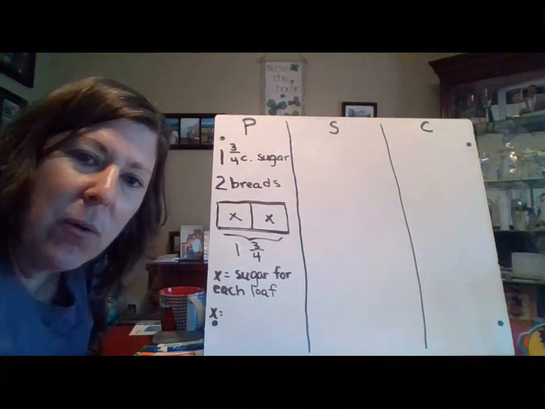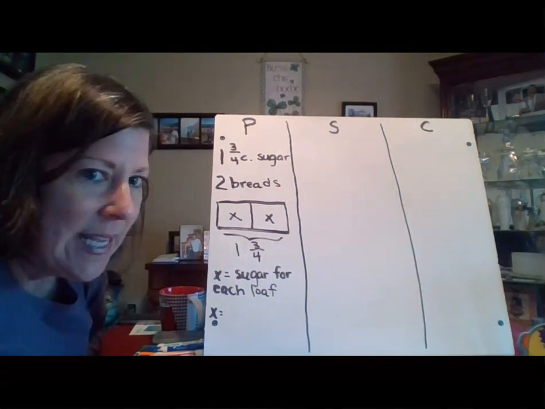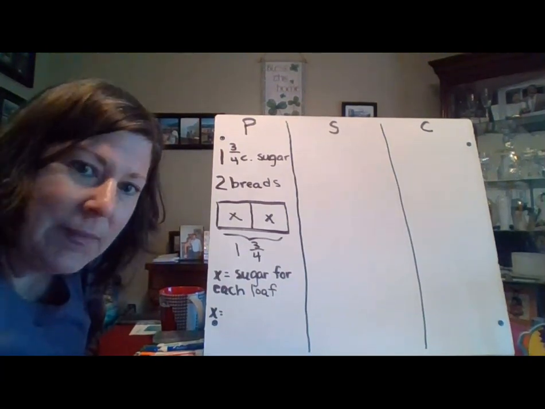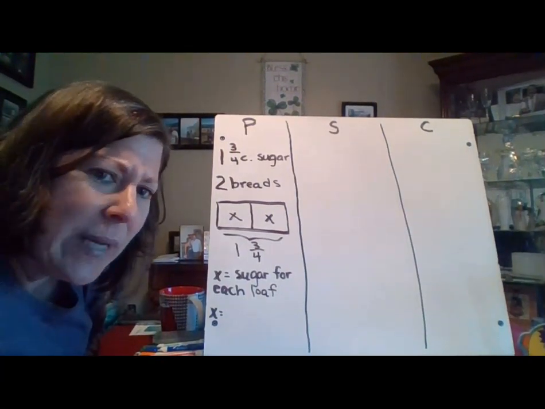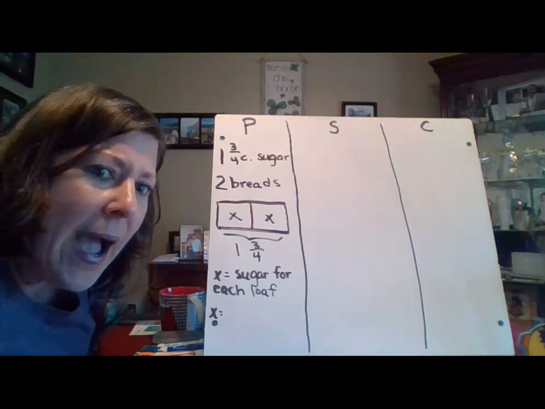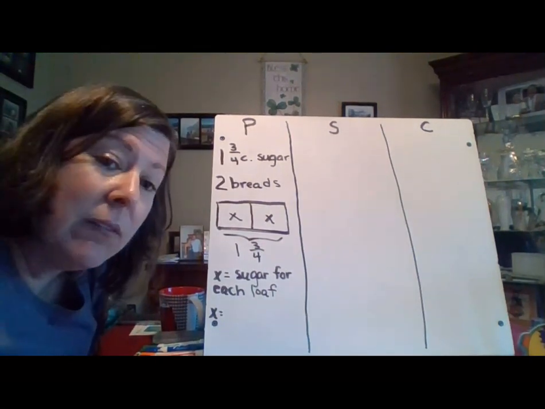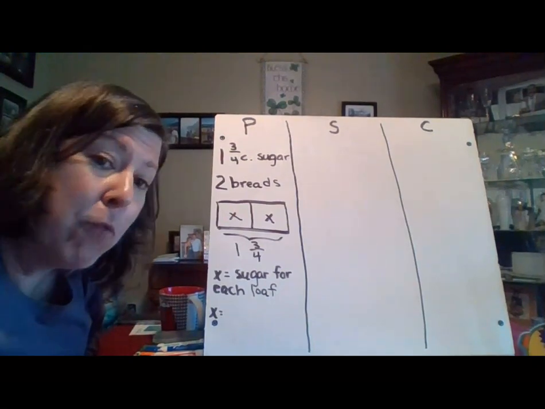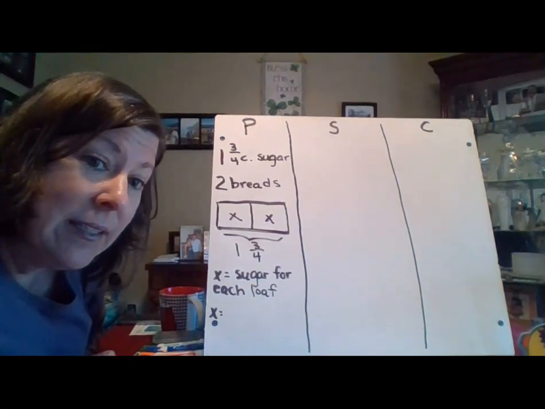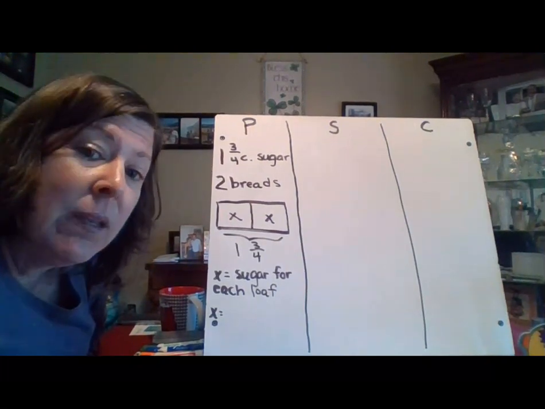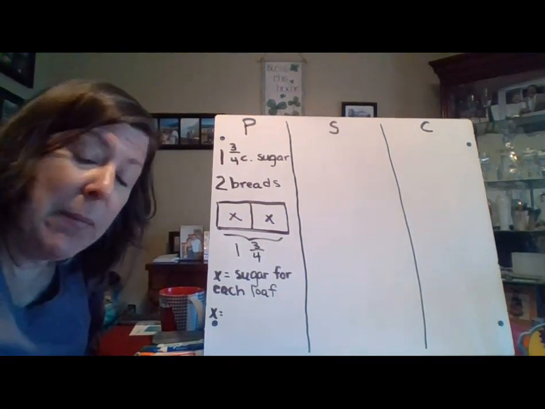Right, so let's review how to solve this problem. And like I said, this one is a little trickier because technically we haven't learned how to solve the equation for this problem, but I can use my strategies of models to definitely solve it. So I've already got my plan up.